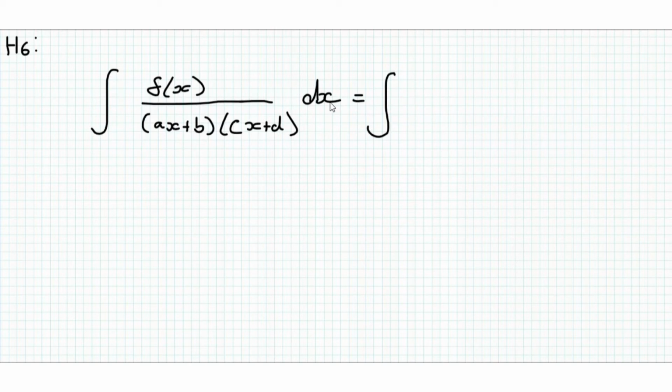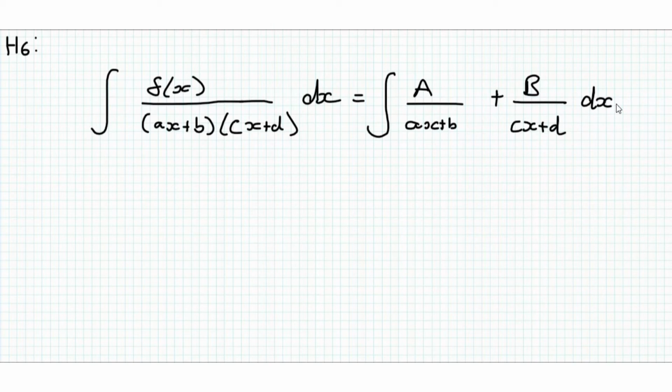So what you do is you essentially write this in the form capital A over ax plus b plus B over cx plus d, and you integrate that, and that often makes it easier because you can start to use the log rule and all stuff like that.